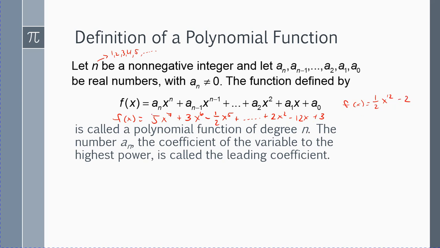But what's going on here is called a polynomial function of degree n, right? So this one here is degree 7. This is degree 12. What's really important is this a sub n here, this first coefficient for the highest degree variable. The coefficient of the variable to the highest power is called the leading coefficient, and the leading coefficient is very important.